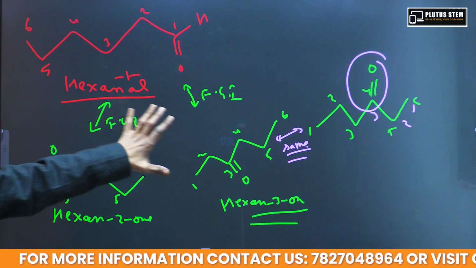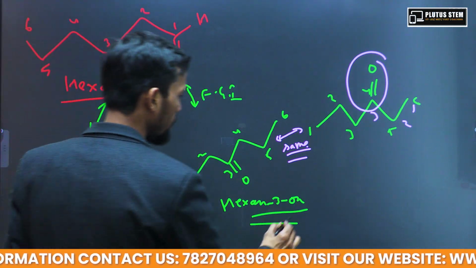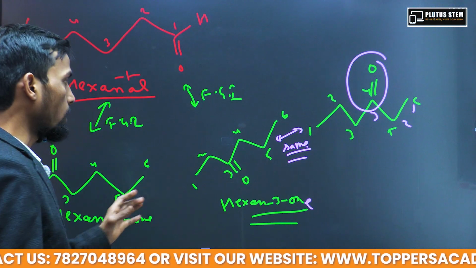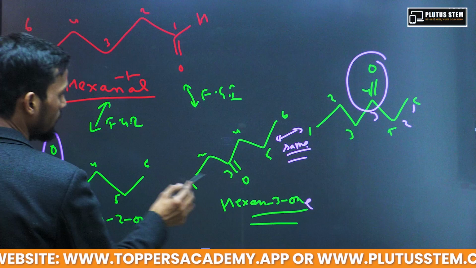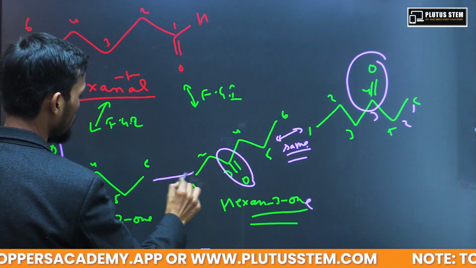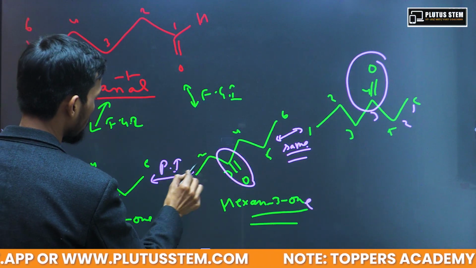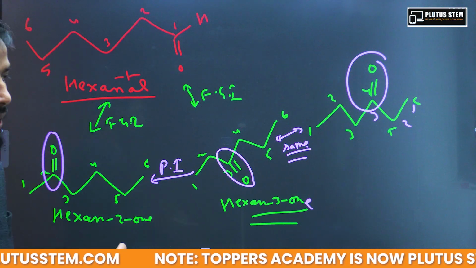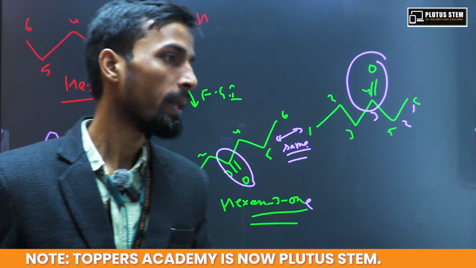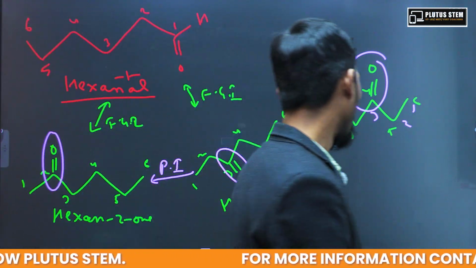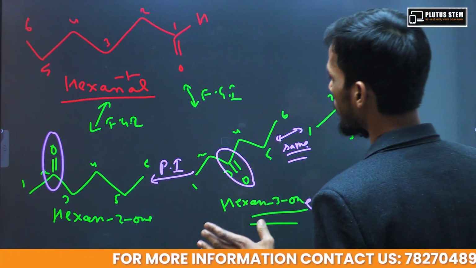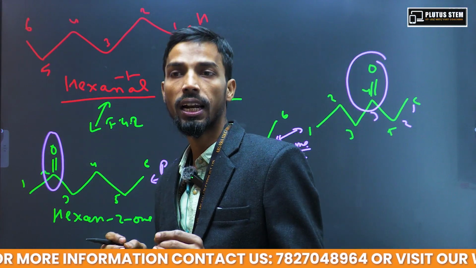So this way we are studying the nomenclature and functional group isomerism also. With that we can see this is at 2 position and this is at 3rd position. So these two are position isomers that we have already studied in the previous lecture in quite detail. In the previous video you can go over there and watch this in detail regarding positional isomers.